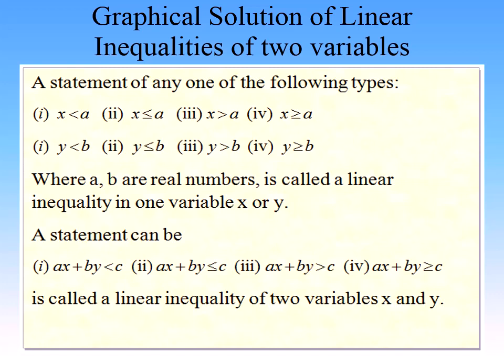A statement written as ax plus by less than c, ax plus by less or equal to c, ax plus by greater than c, or ax plus by greater or equal to c, is called a linear inequality of two variables x and y.